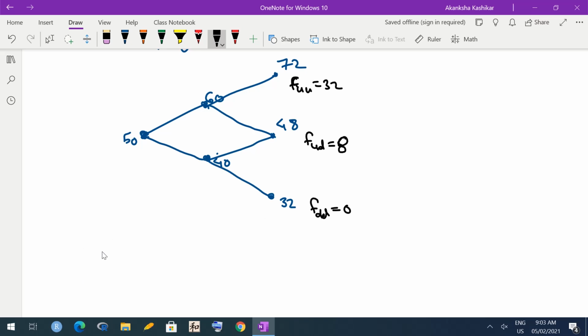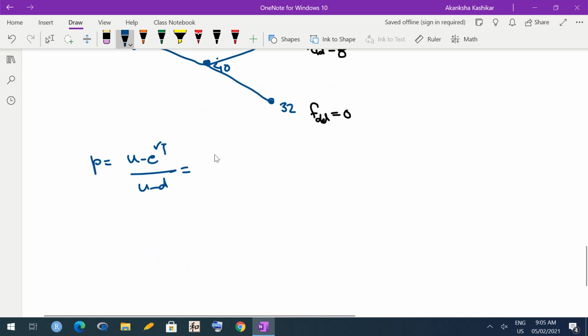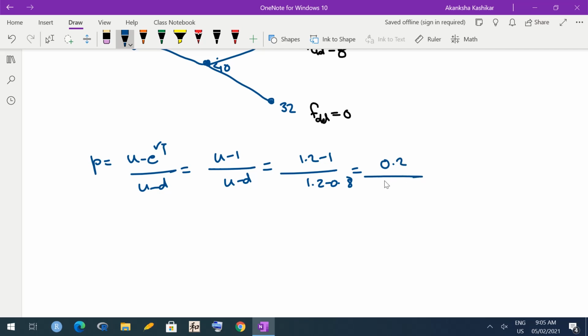So for European option, computing the price now is easy. I have to compute P. P is U minus e raised to RT upon U minus D. Okay, so R is 0, so I'll have U minus 1 upon U minus D. Okay, so 1.2 minus 1 upon 1.2 minus 0.8, so it is 0.2 upon 0.4, so it is half.